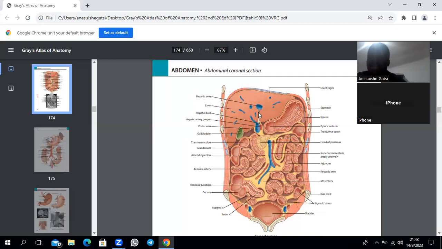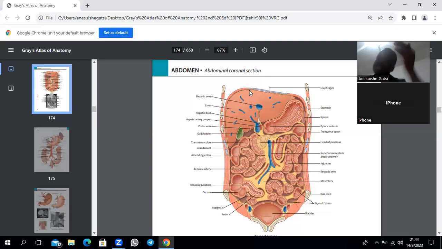When you look at the stomach, it's actually under cover of some of those ribs, right? Even the liver extends all the way to the upper border of the fifth rib. So these things are really dependent on the movements of the diaphragm, because the diaphragm is what separates the thorax above from the abdomen below.